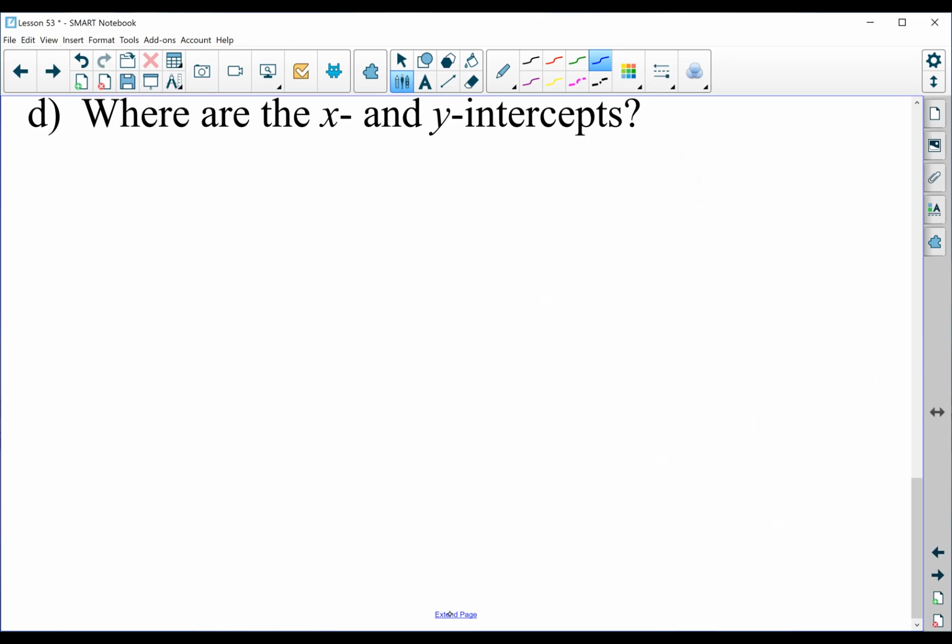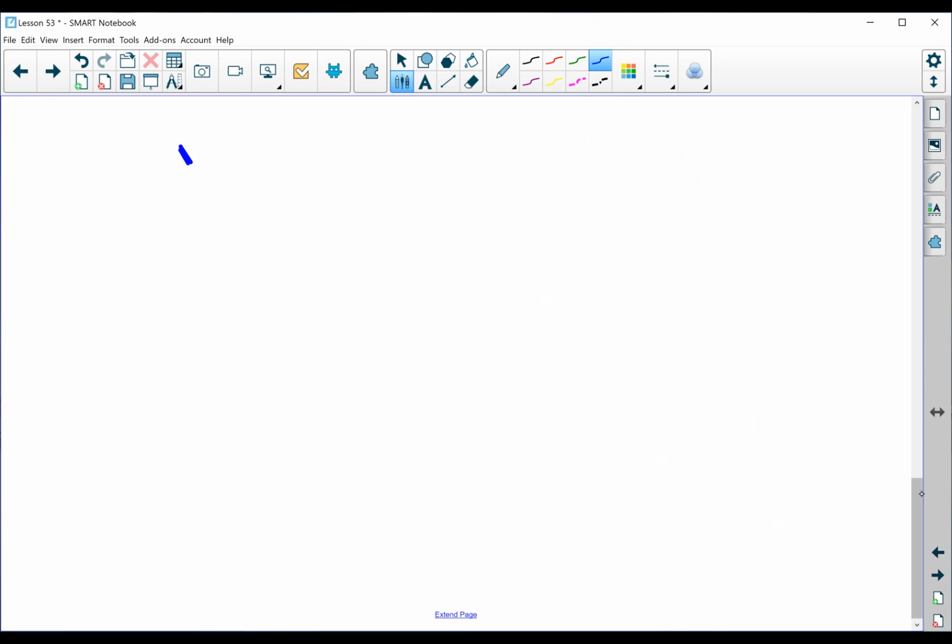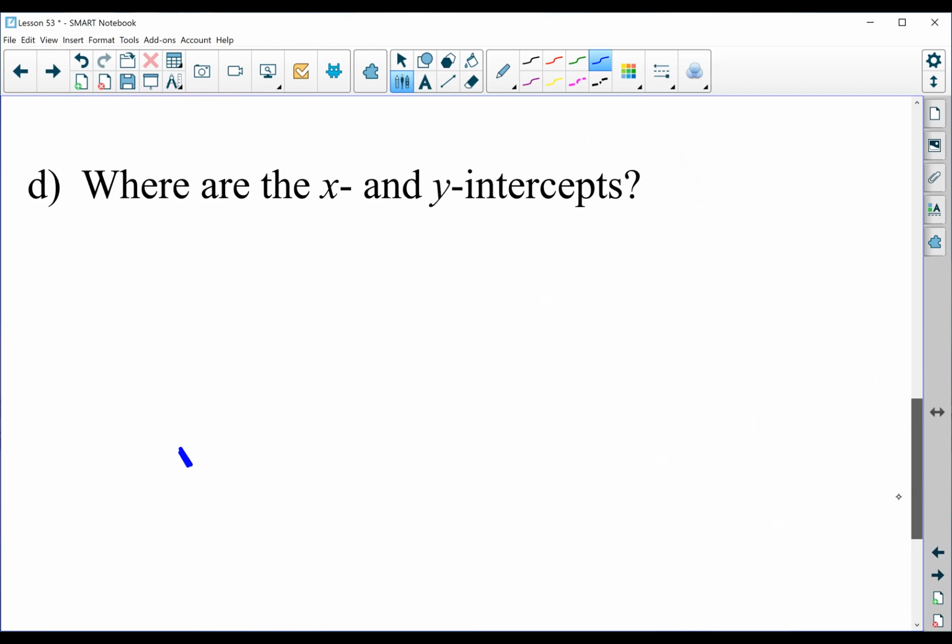So the y-intercept, we already know. The y-intercept was (0, -5).